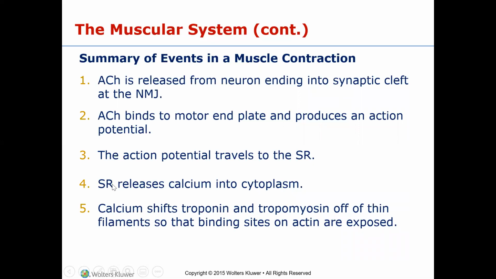And that's what is releasing the calcium into the cytoplasm. And then that calcium shifts the troponin and the tropomyosin off of the thin filaments so that they can bind. And that sarcoplasmic reticulum containing the calcium is in the muscle cell, in the muscle fiber.